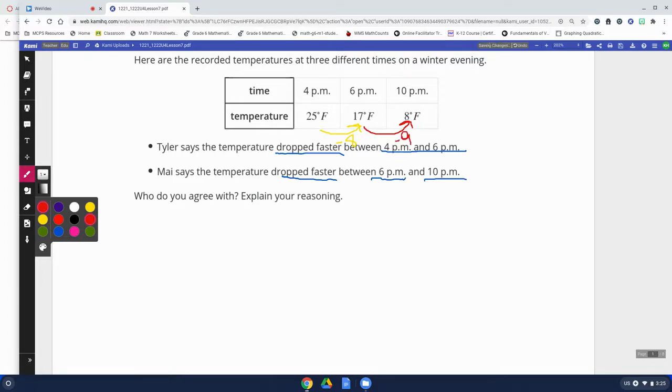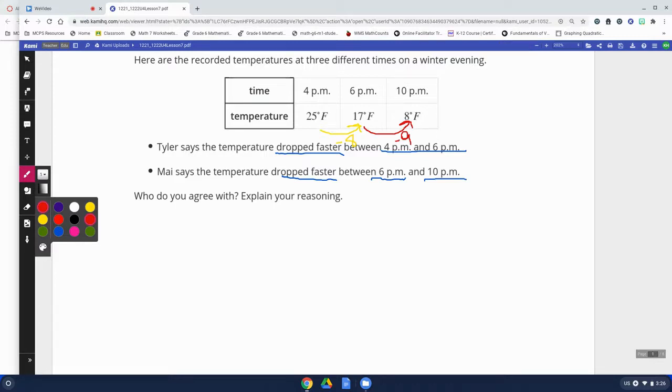So you're just looking at the absolute value. They both decreased. How much did they decrease by? Some of you might argue, well, it looked like Mai had a bigger drop, dropped by 9 degrees.